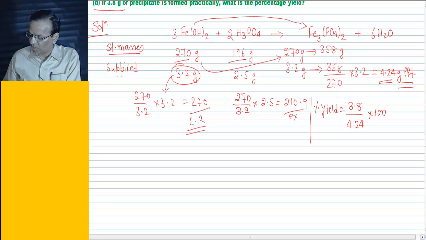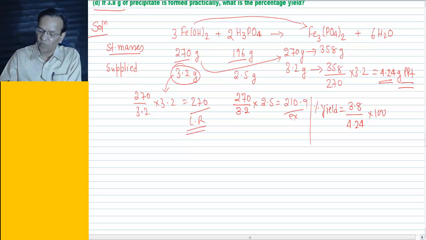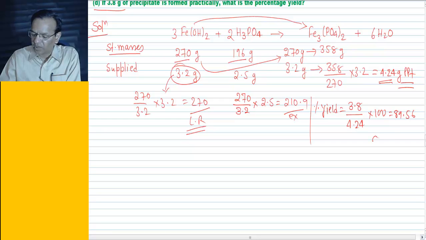So 3.8 divided by 4.24 into 100, so it is 89.56, approximately 90%.